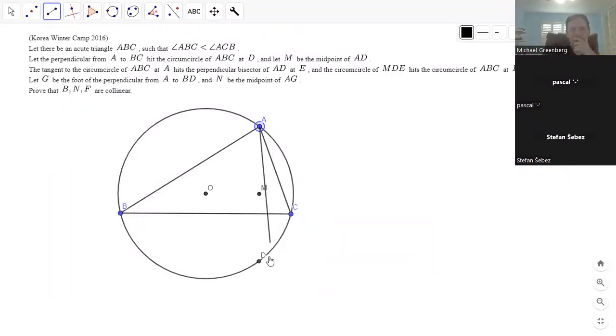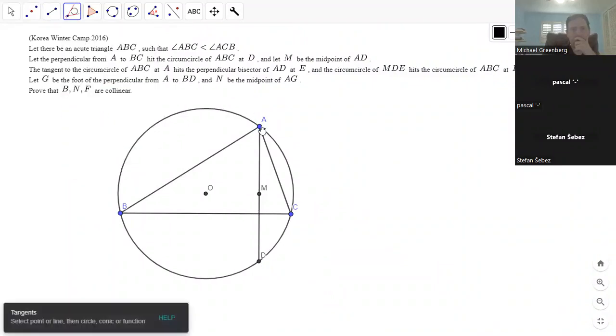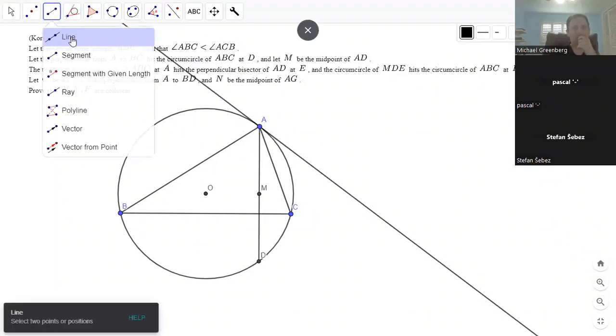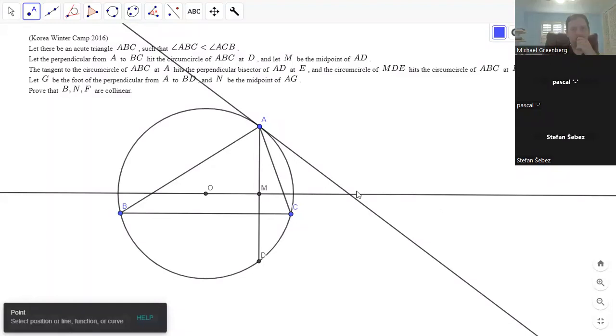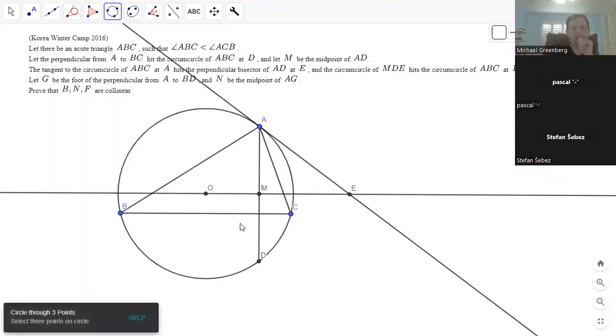The tangent at A hits the perpendicular bisector of AD, which would be OM, at E, and the circumcircle of MDE hits the circumcircle of ABC at F. That's it.